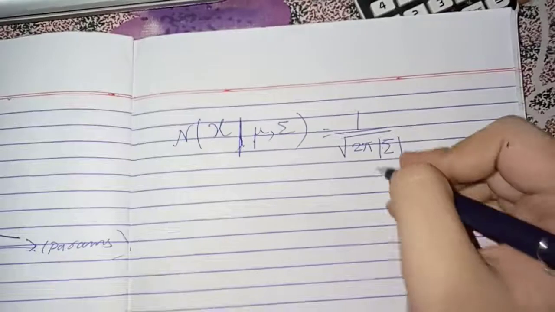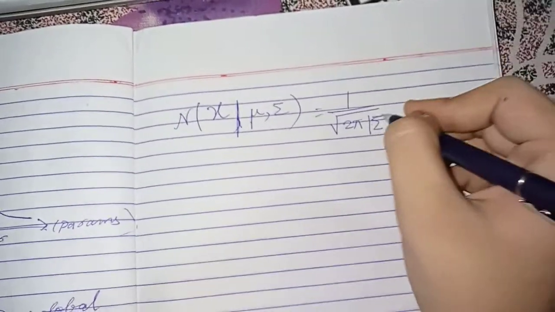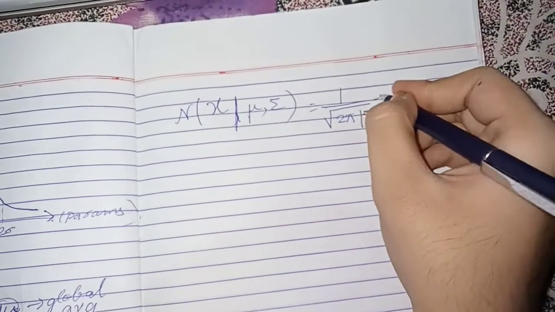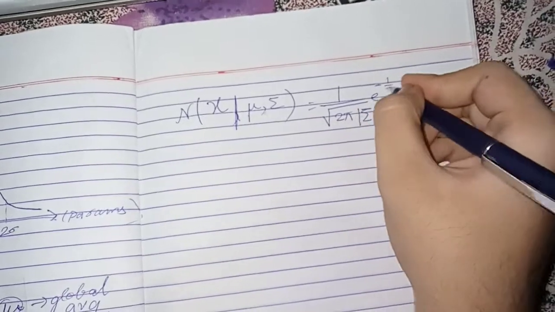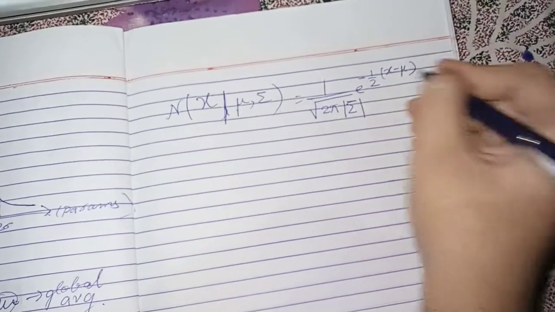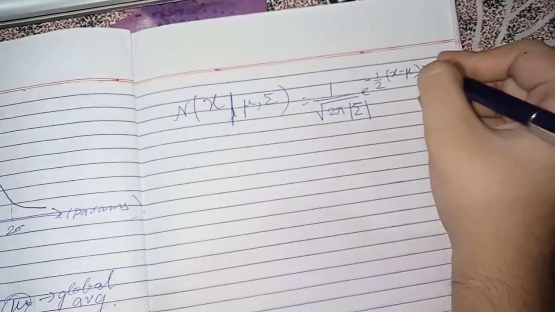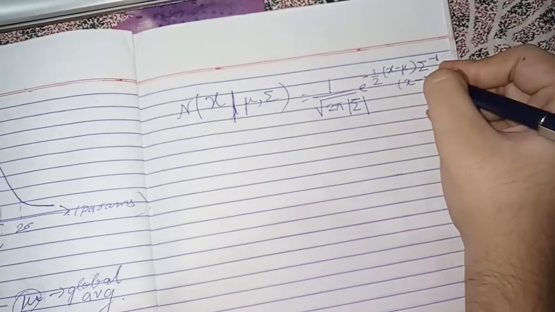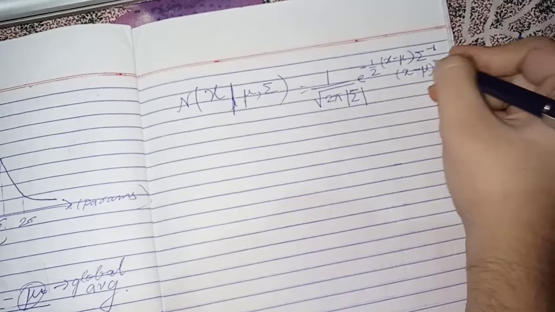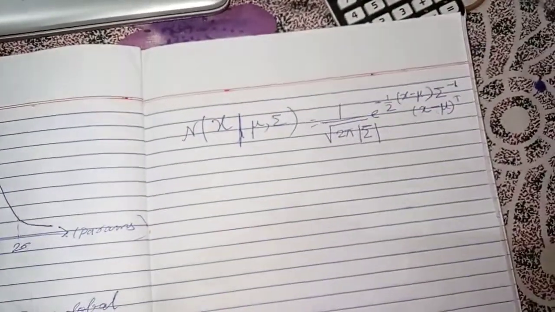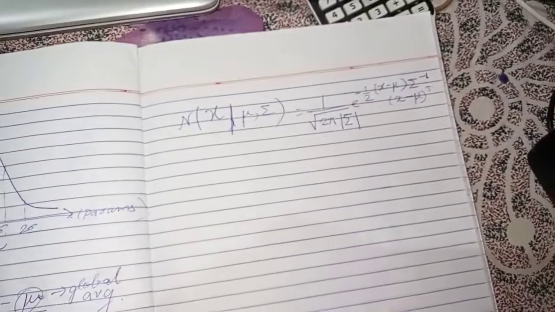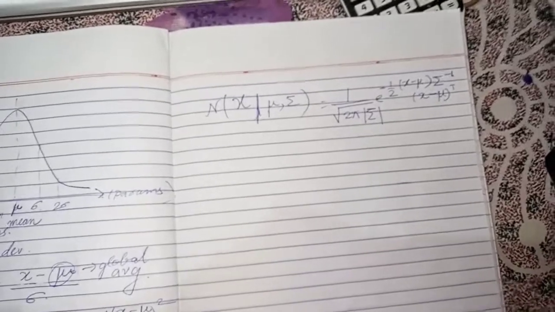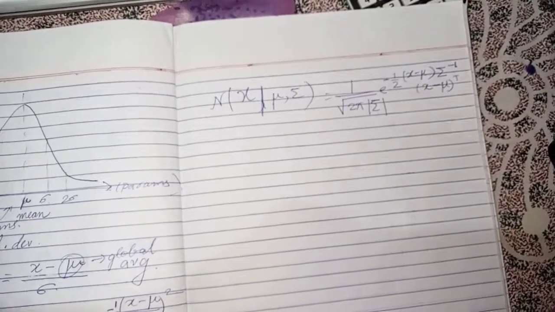Here your sigma is a matrix, and the mod sign represents the determinant of that matrix, and it is going to be e to the power minus 1 by 2 times (x minus mu) times inverse of your sigma times (x minus mu) transpose. So this is going to give you your multivariate Gaussian distribution, and you need to find how a particular data point will fit into each distribution.